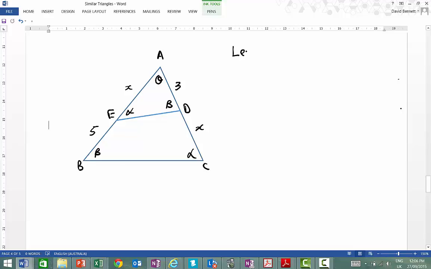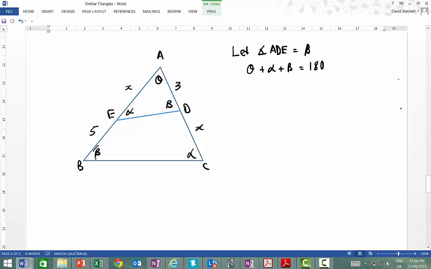So we'd say let the angle, because we don't have an angle here and I've just put these in, let angle ADE be equal to beta. And we know that theta plus alpha plus beta is equal to 180 degrees.